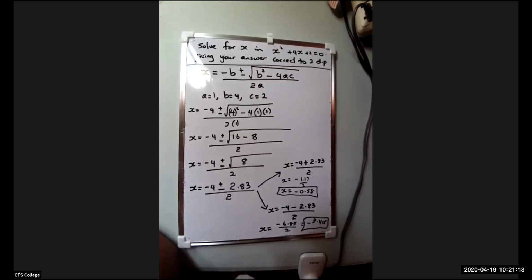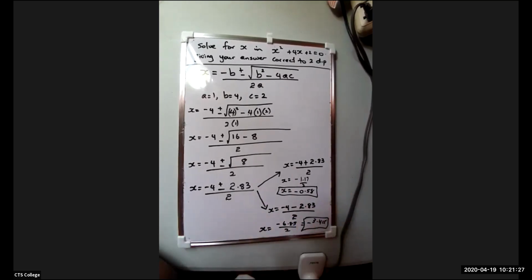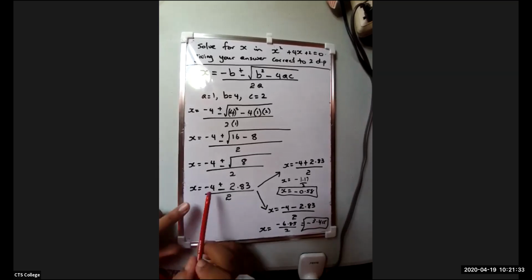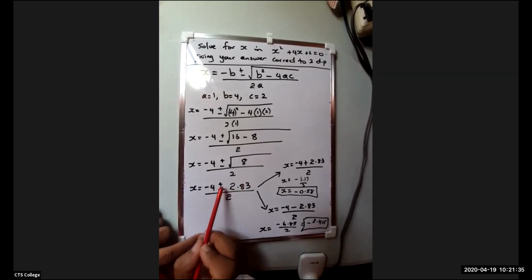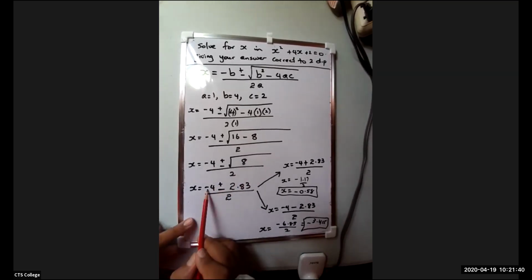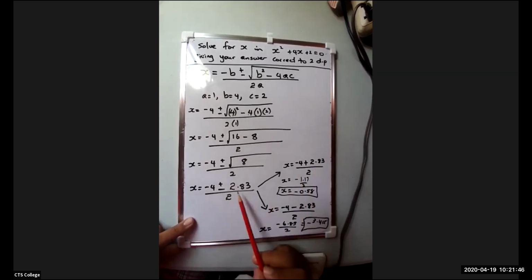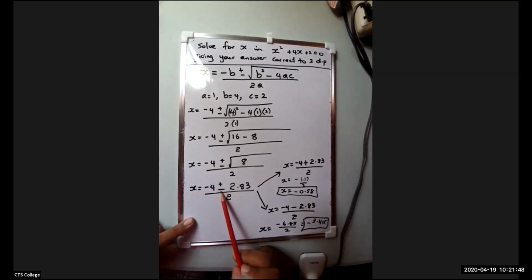Yeah? So somebody said you're confused, sir. The last part, that is which part? This part here, Hema, or just this very last part here? Yeah, the very last part. Okay, no problem. So here, this plus or minus sign just means that you are saying negative 4 plus 2.83 all over 2, which is this one here. I split it up into two because one has to be plus, one has to be minus.